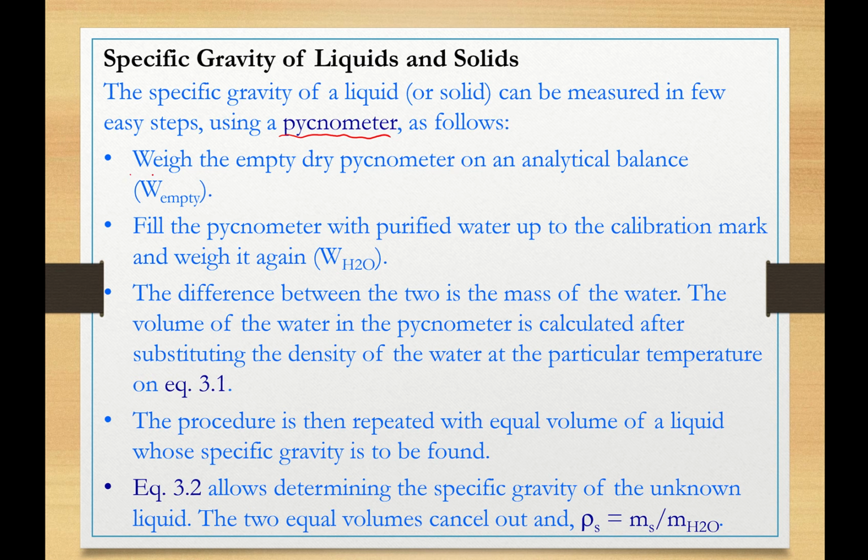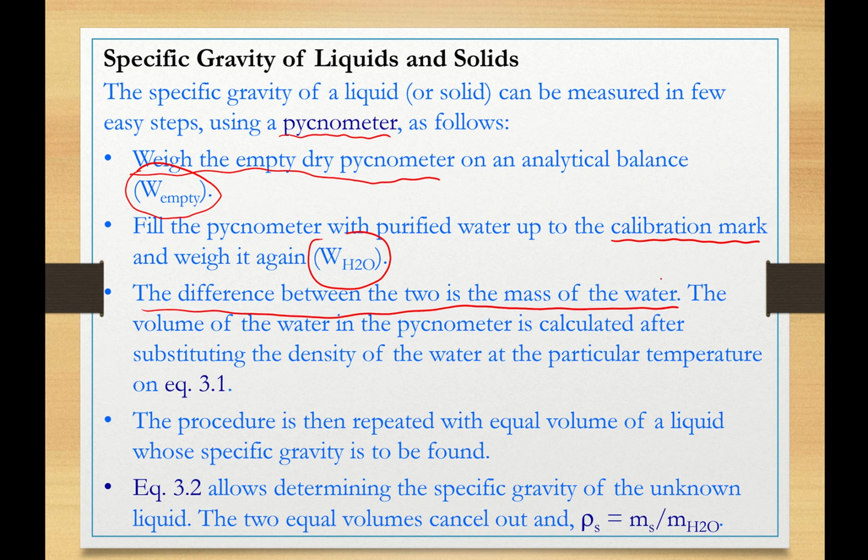First, you weigh the empty, dry pycnometer on an analytical balance, and you note down the weight. Then you fill the pycnometer with purified water up to the calibration mark, and this is important, and weigh again. The difference between the two is the mass of the water.